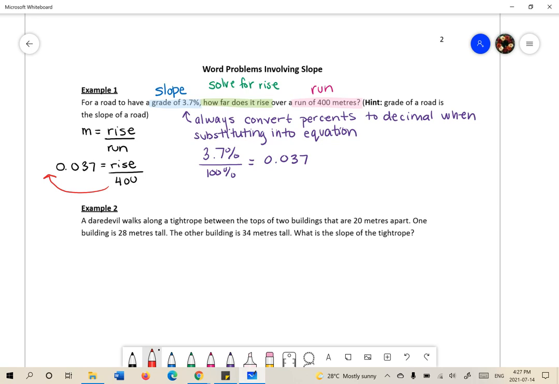On the right, it's division, so on the left, it will become multiplication. Therefore, the rise of the road is 14.8 meters.